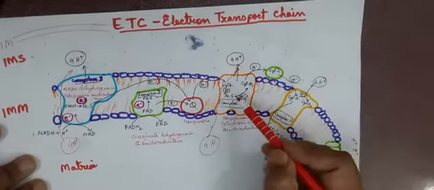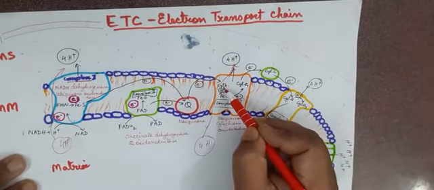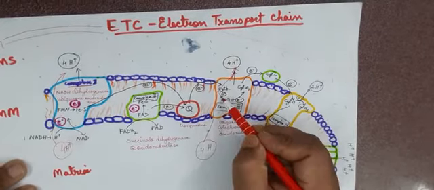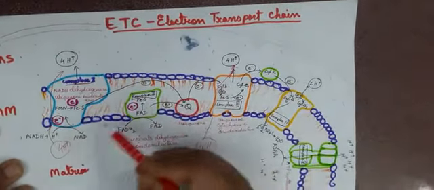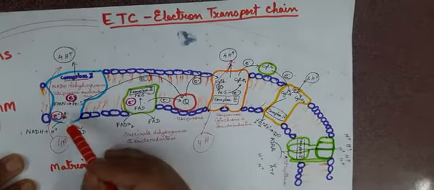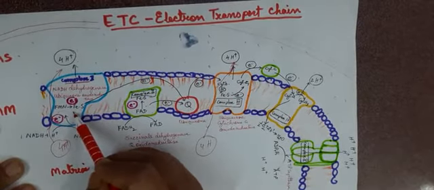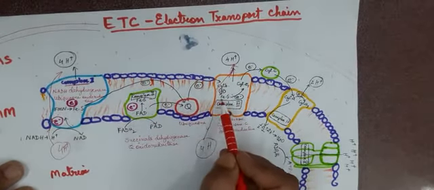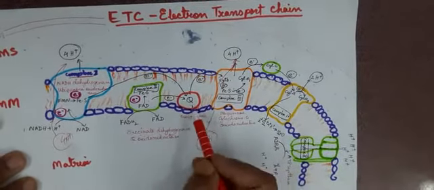Then in the third complex, cytochrome B accepts the electrons. Although 2 electrons are being released, ubiquinone carries the electrons one by one. It will carry 1 electron, pass it to the third complex, come again to complex 1, carry 1 electron, and pass it to the third. So one by one the electrons are being carried.